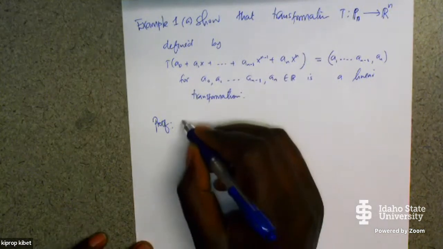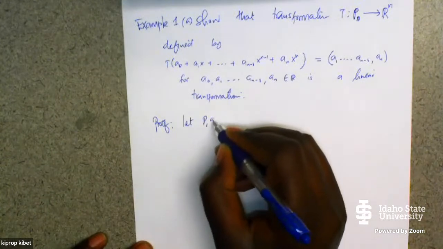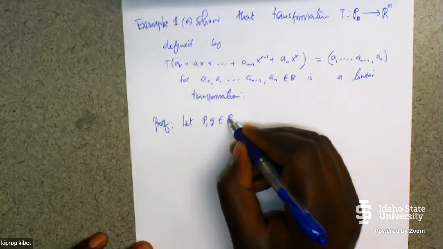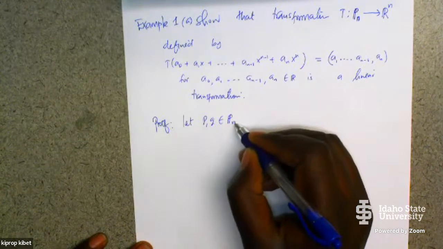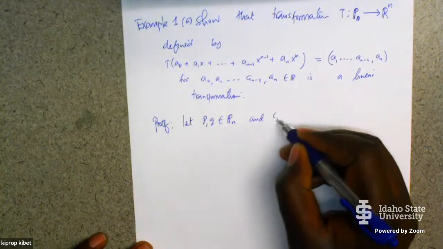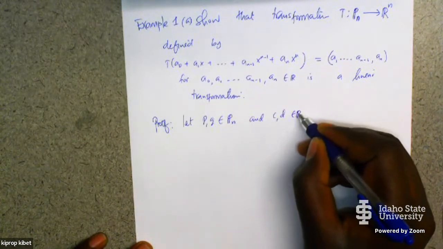So what we can do is let P and Q be elements of Pn, and c and d be elements of real numbers.